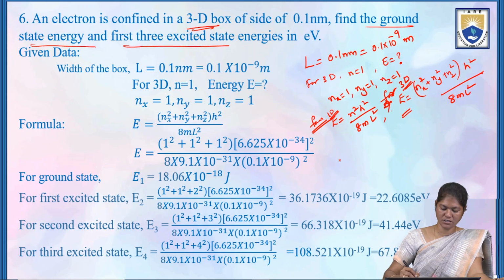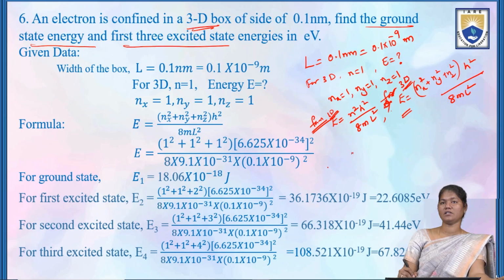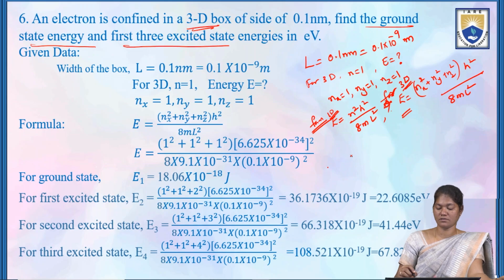In this case, for the ground state energy, in these eigenenergies there is no zero level of energy.